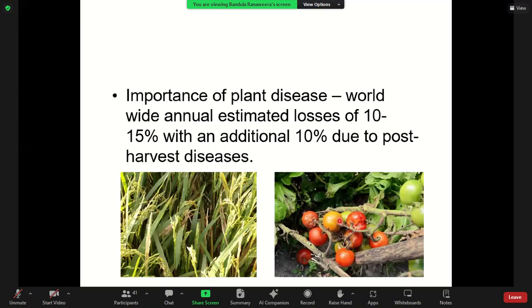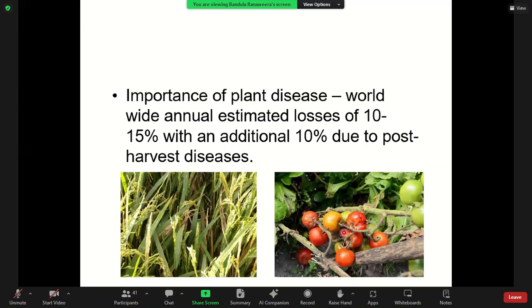Then here, the damage is obviously clear because now these are the parts we are going to harvest, and the harvested parts are, of course, lost. So here, the damage is direct. We can easily understand that there is a loss of yield because these diseases are having direct damage on the harvested part.